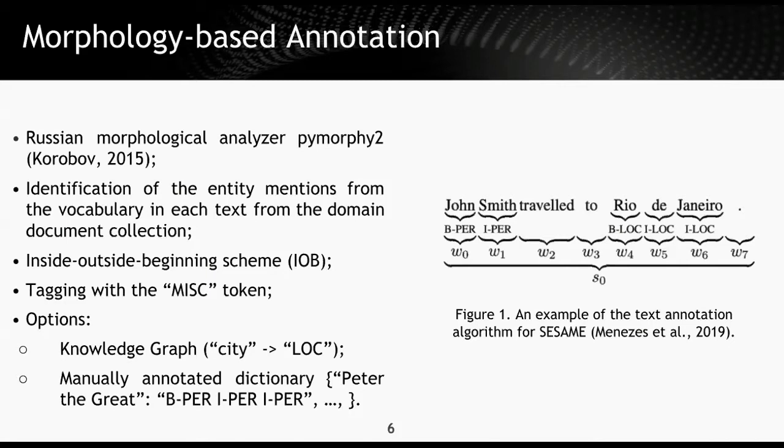A basic idea is to detect mentions of the Wikipedia entities in a Wikipedia text based on the exact match. Each entity mention is then tagged with its corresponding semantic type from Wikipedia. We adapt the method to the Russian language.